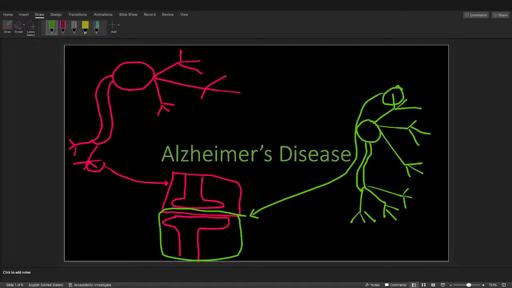So let's take a look at some of the basic concepts here, just so you all are aware and have a little bit of awareness in understanding the treatment options that are currently available.